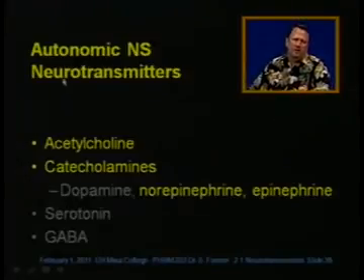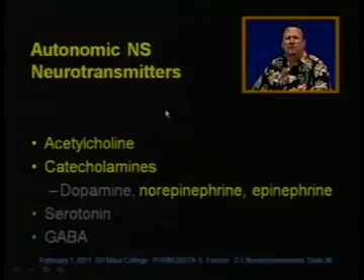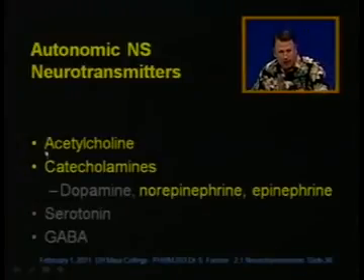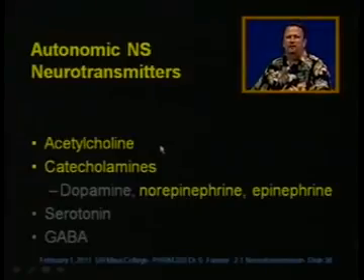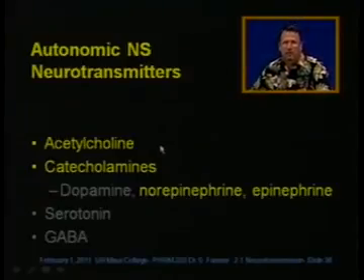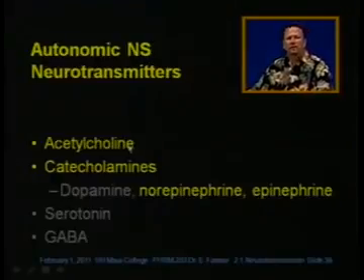So when we talk about autonomic nervous system pharmacology, the neurotransmitters we're going to talk about are acetylcholine and the catecholamines, and we're going to talk a little bit about dopamine, but mostly norepinephrine and epinephrine. So really the only 3 neurotransmitters we have to worry about for the next few weeks are acetylcholine, norepinephrine, and epinephrine.